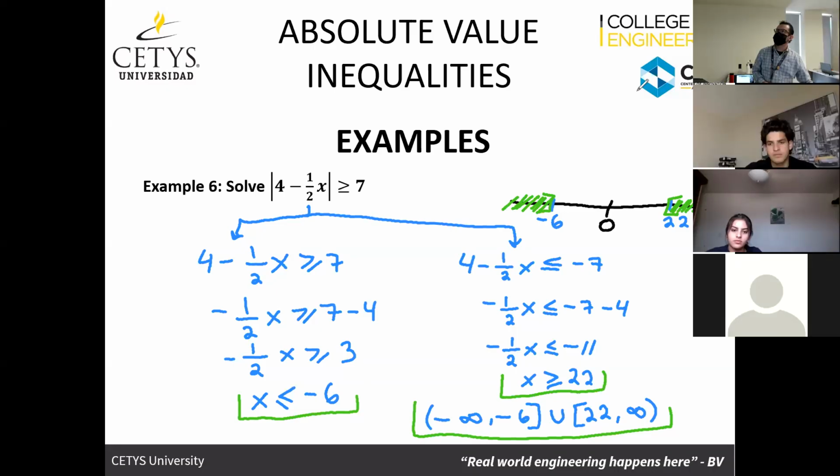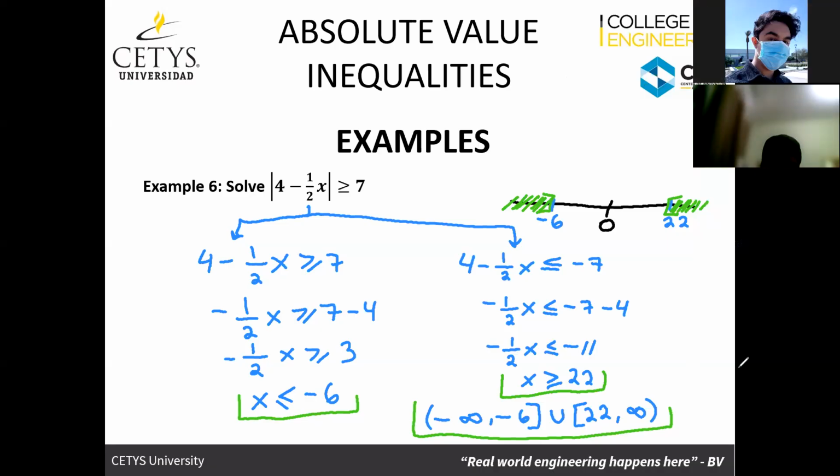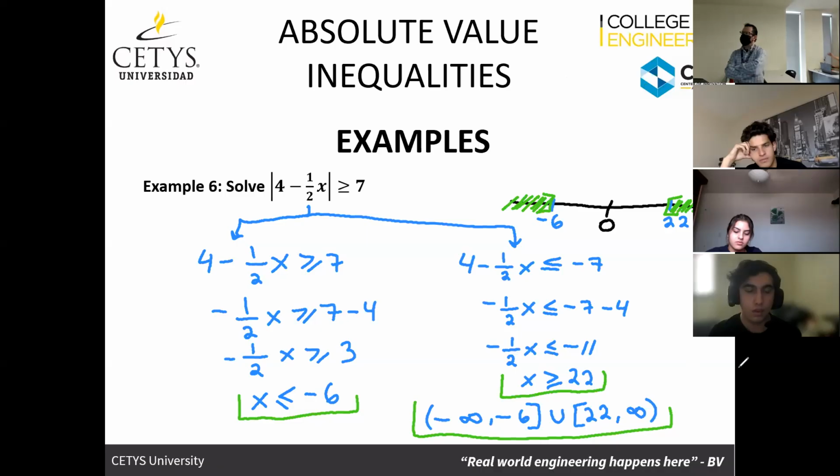Okay, yes, go ahead. Miguel? I'm sorry, is it Miguel? Please turn on your camera so you pop up. That's fine. Go ahead. Okay, so in the division on the 1/2, when you turn it to the other side, you have to turn the signal around, the inequality.